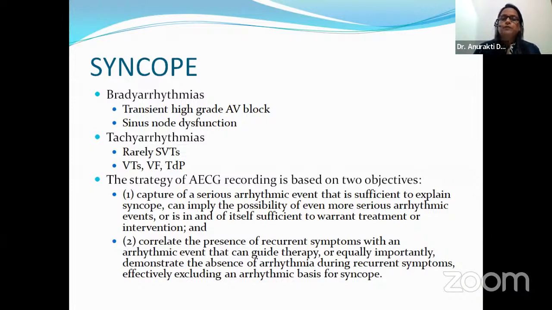What is our objective when doing continuous ECG monitoring in syncope patients? First of all, you should capture a serious arrhythmic event, which is sufficient to explain syncope.